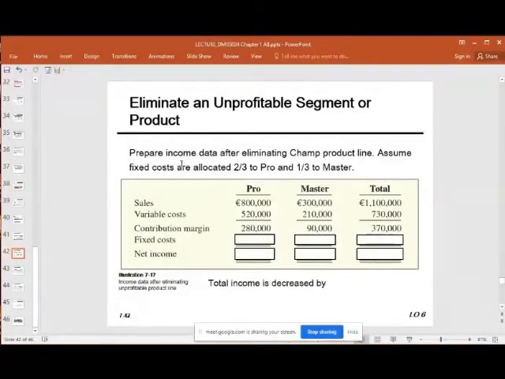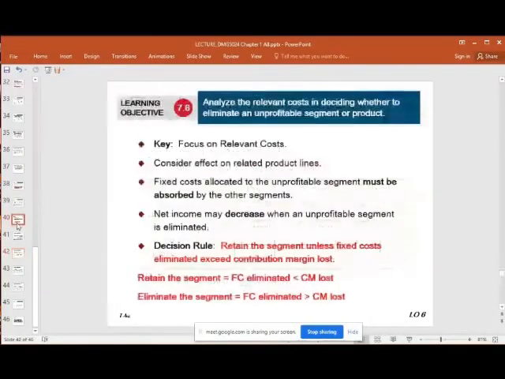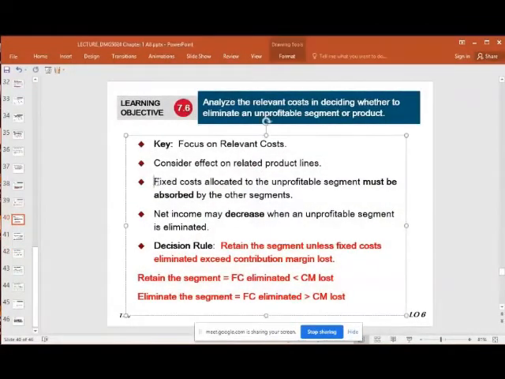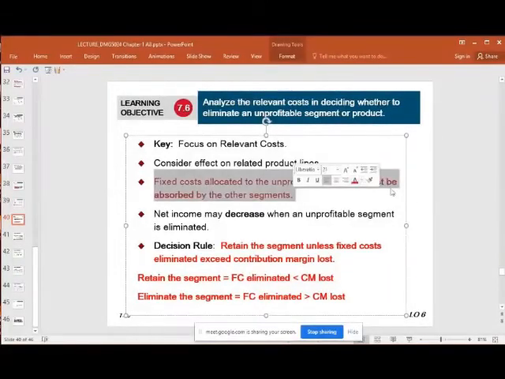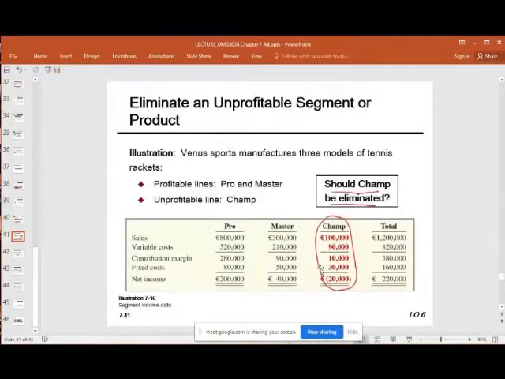So we prepare an income statement after eliminating Champ, and we assume that fixed cost is allocated 2/3 to Pro and 1/3 to Master. Going back to the slide: fixed cost allocated to the unprofitable segment must be absorbed by other segments.